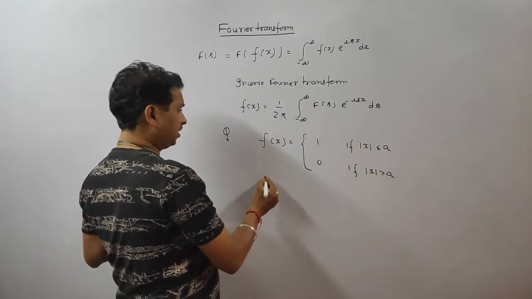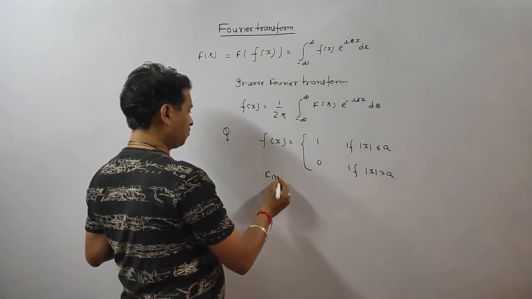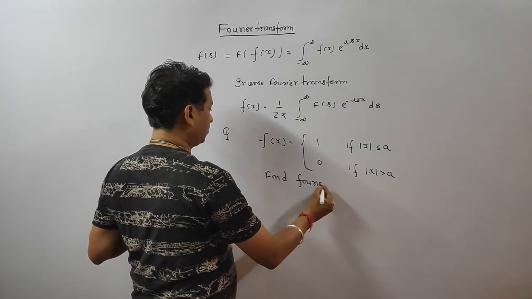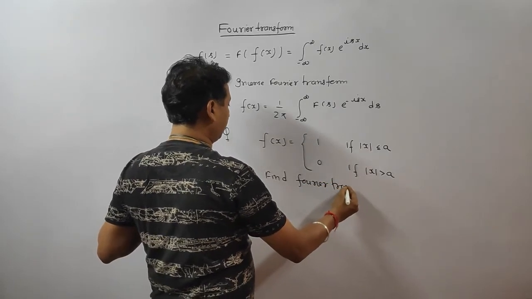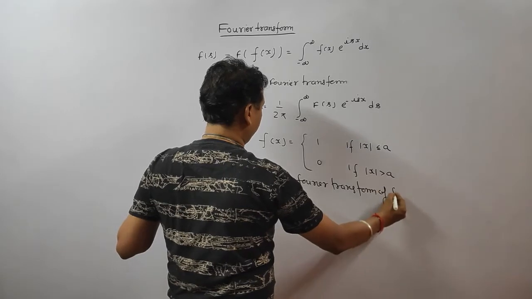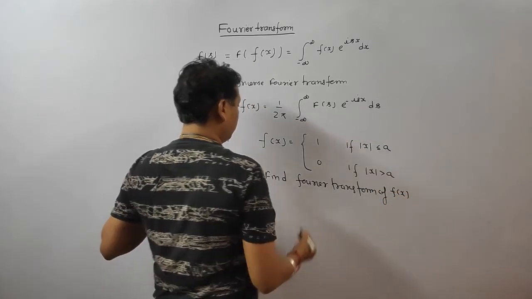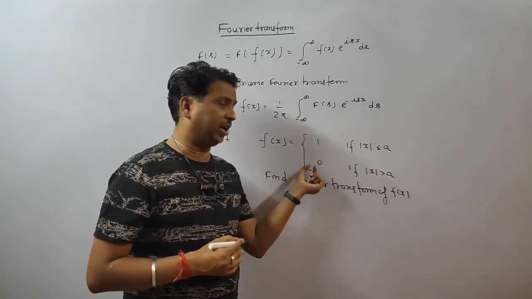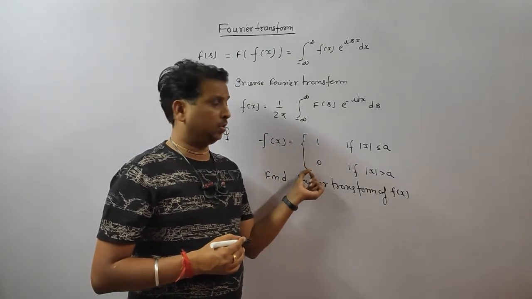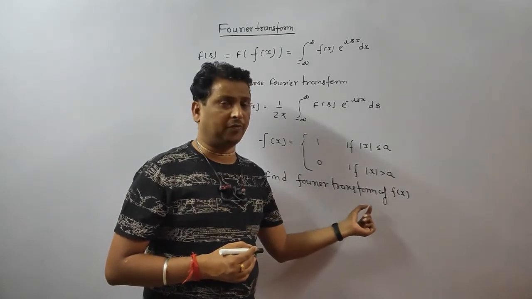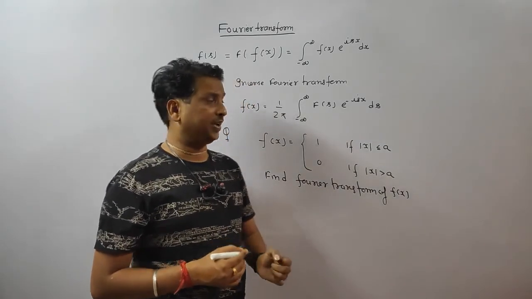And the question is: find the Fourier transform of f(x). So same type of question, always one f(x) will be given to you and they ask you to find the Fourier transform of f(x). So how do we calculate?